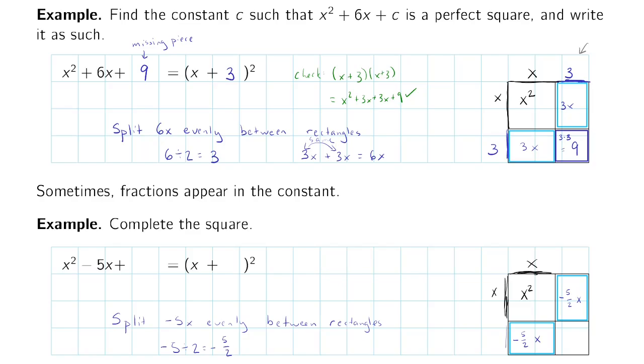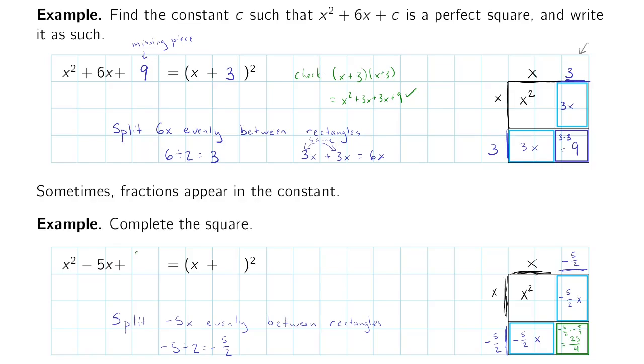And so each of these segments is going to have length negative 5/2, which means that the little square in the bottom right corner, our missing piece, is going to have area negative 5/2 times another negative 5/2, which is 25/4.